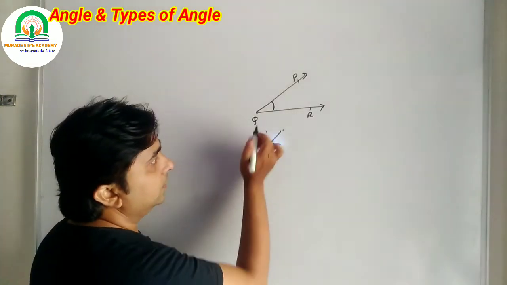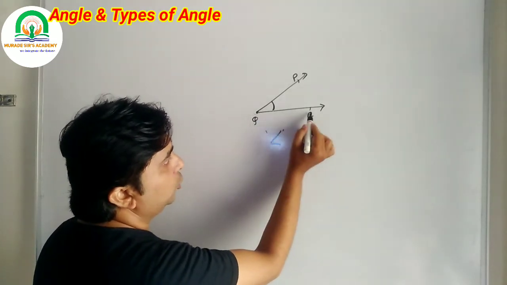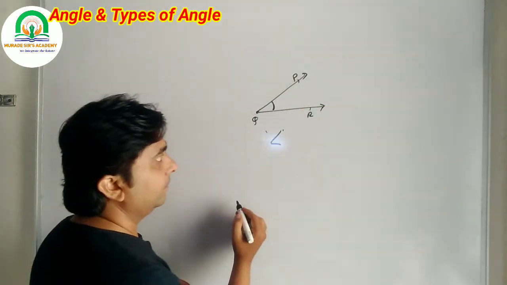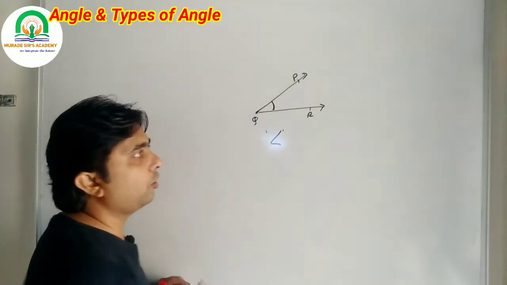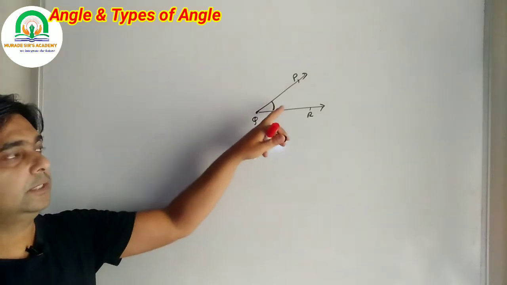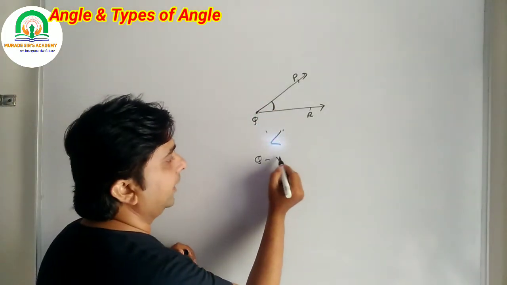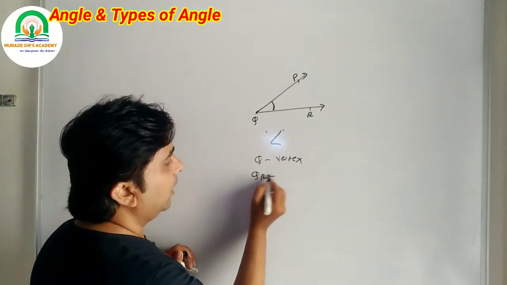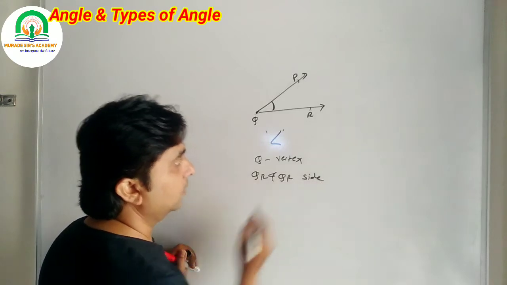This is side QR, another side is QP, and this common point is called the vertex of this figure. Q is the vertex, and QR and QP are the sides.